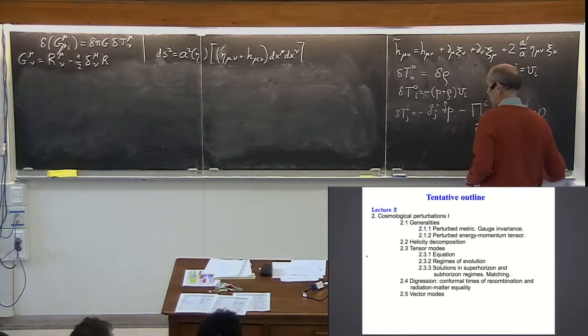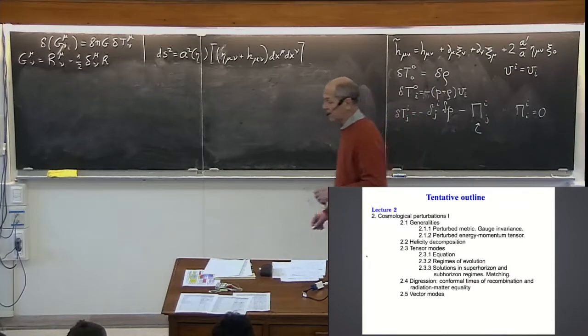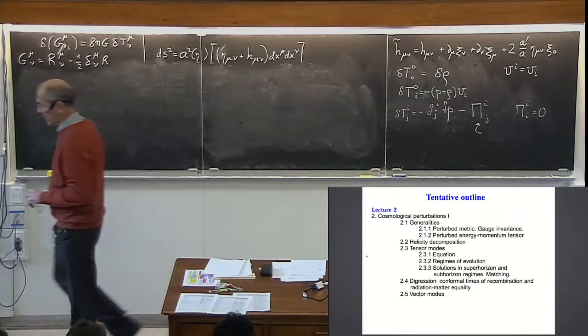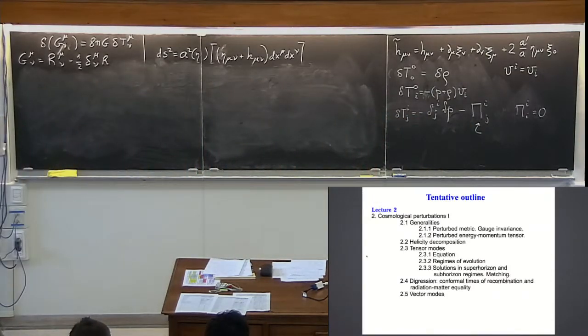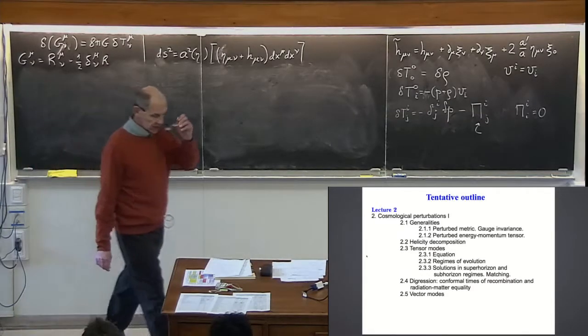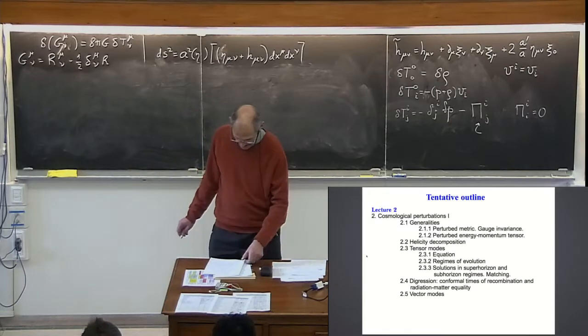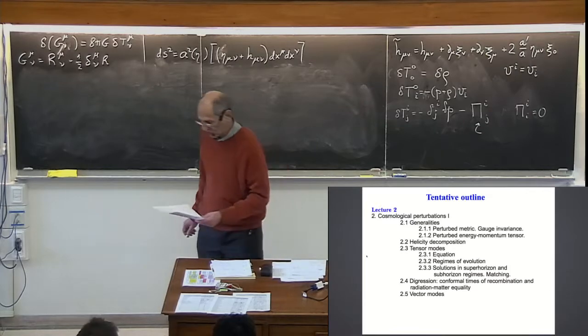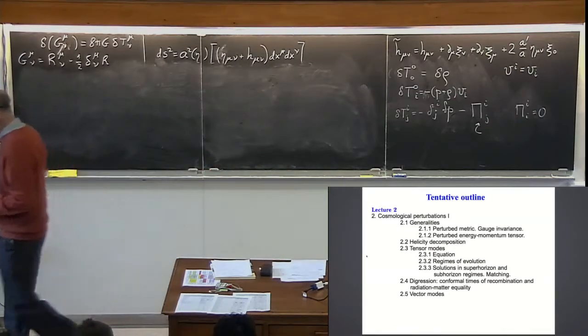It is clear then that since we don't have any other helicity 2 objects, there will be an equation only for the transverse traceless component of the metric.